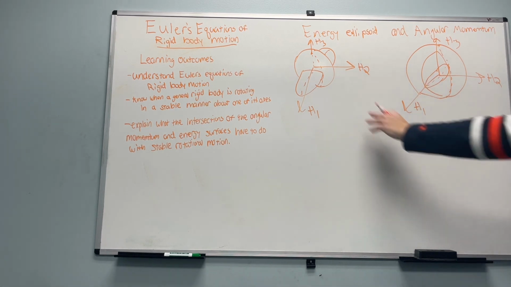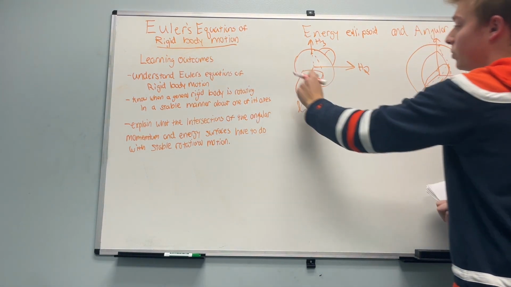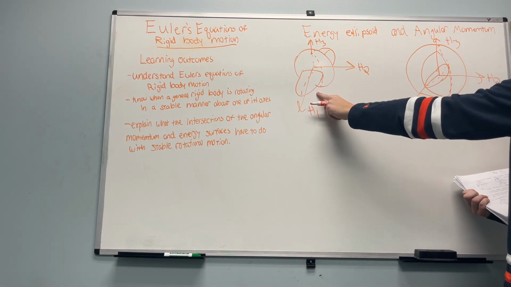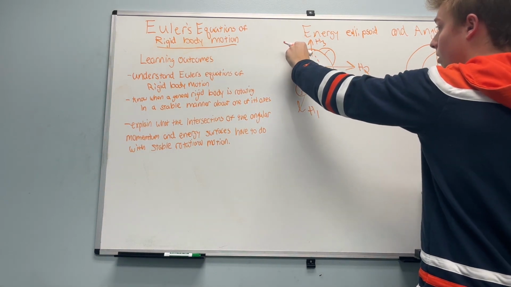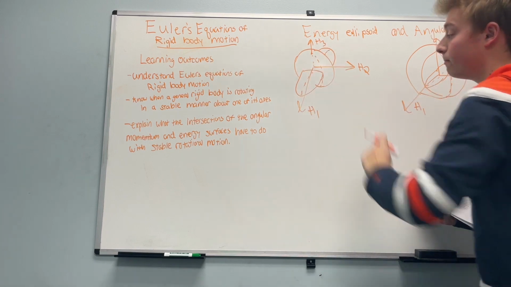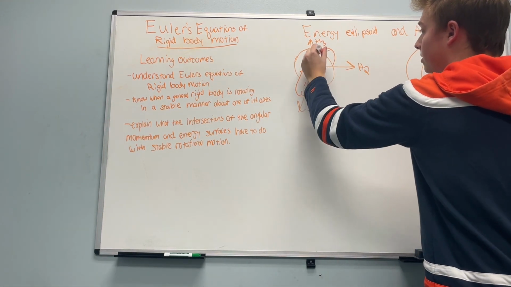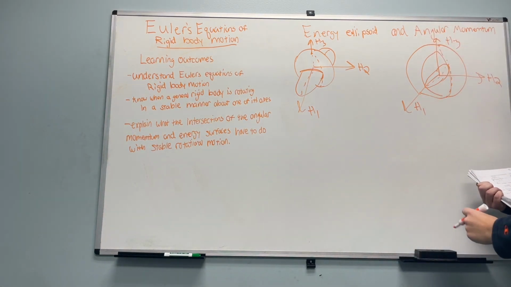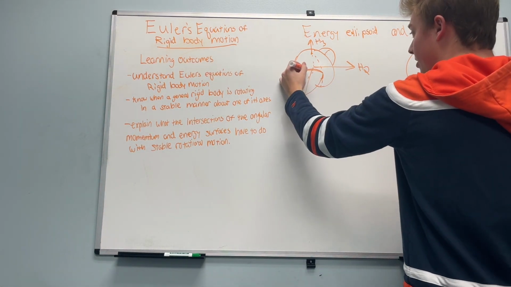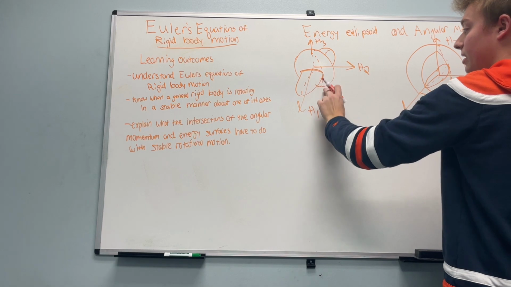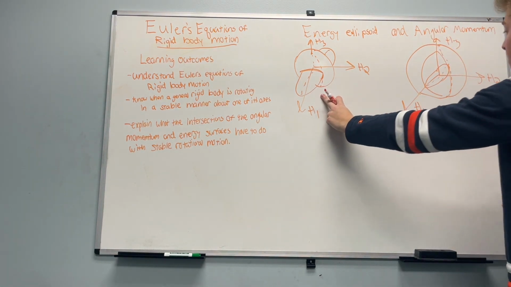Now we can see in this one, the intersection between our energy ellipsoid and our sphere of angular momentum in its fixed frame is all across here and on the other side, where I1 is a major axis and I3 is a minimum axis.